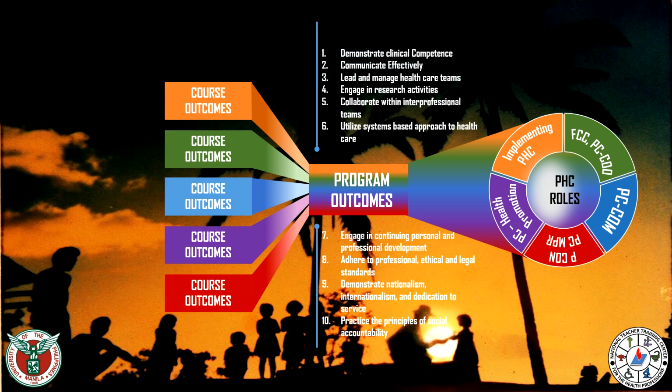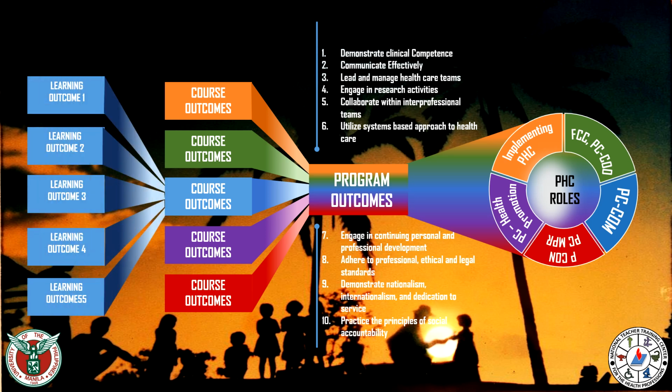And these common program outcomes that are based on our identified roles should again be the baseline for developing your specific course outcomes. Let's say, for example, you have a course outcome in pediatrics, in biochemistry, the basic science, or in clinical science. It will have to be, again, in the context of all this.